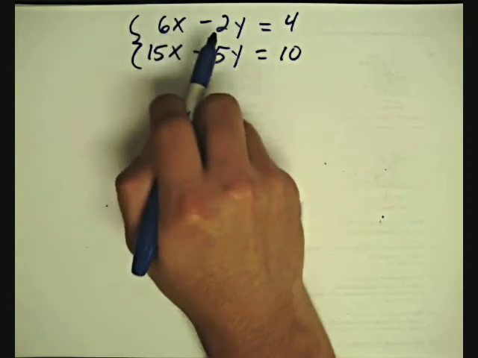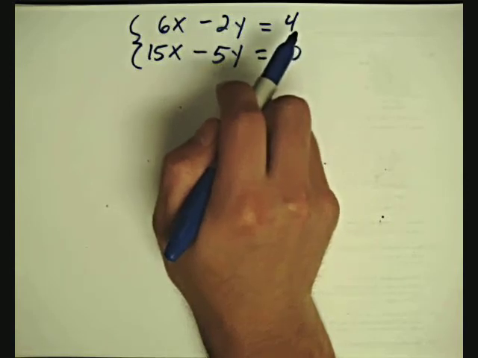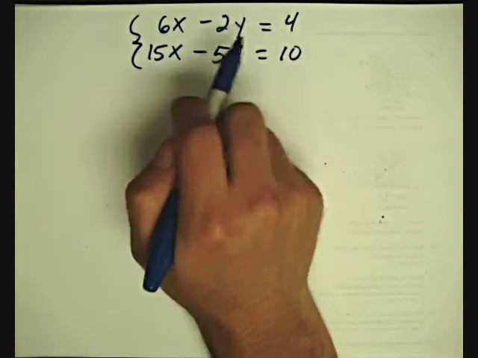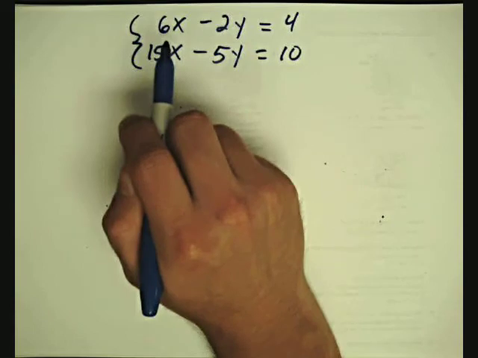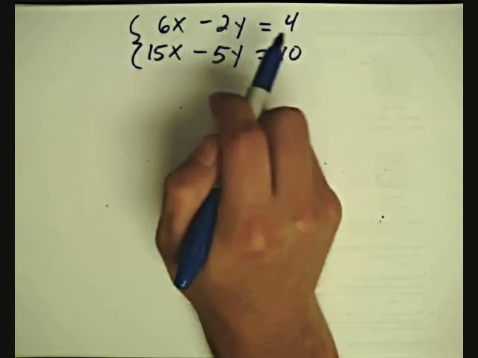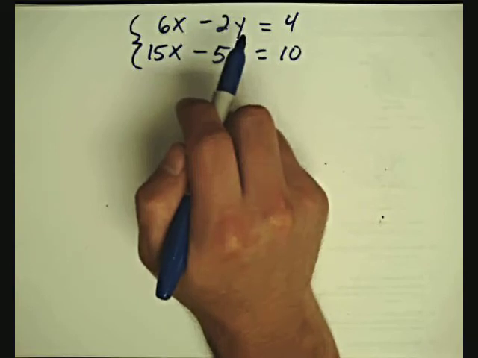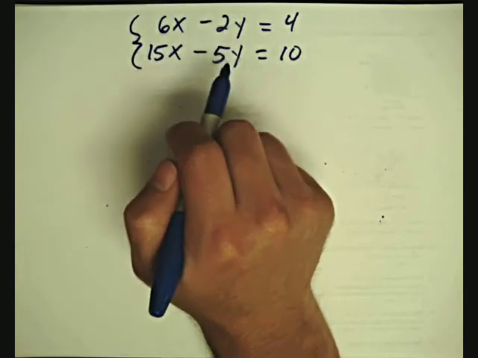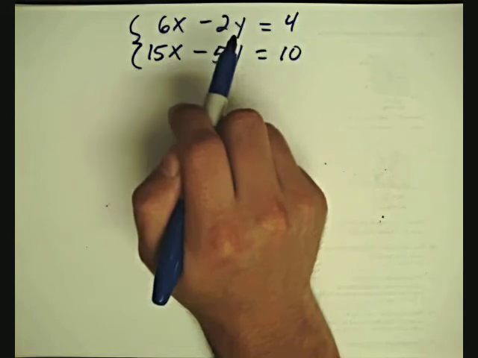Well, 6 will not divide into 2, and it will not divide into 4 without using fractions, and fractions will complicate things. So let's not solve for x. If I chose y, 2 will divide into 6, and 2 will divide into 4. So solving for y would be a good choice. You could also look at the second equation and decide, but since we've got a good choice with this y, let's do that one.